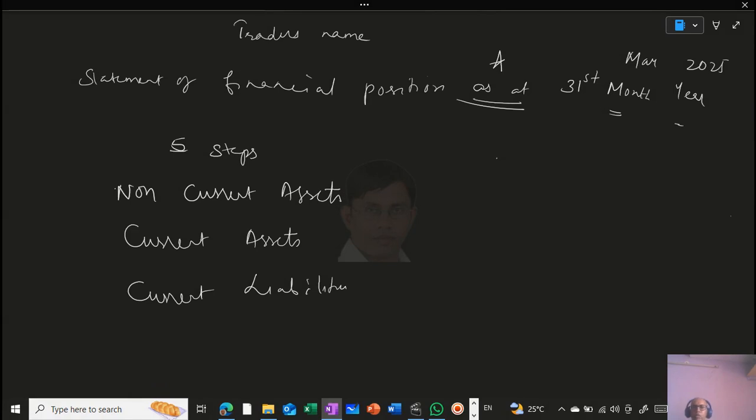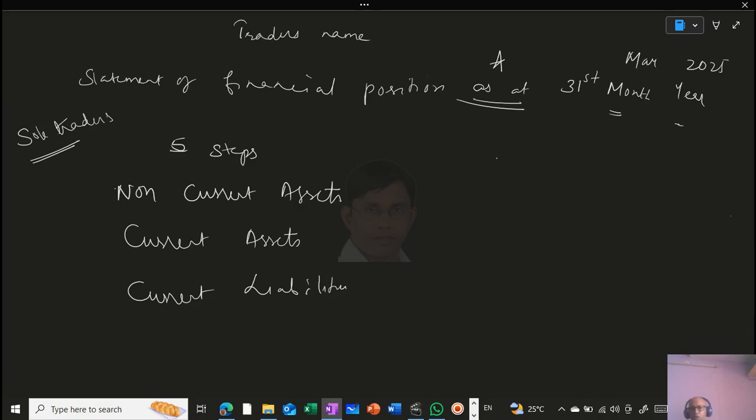Remember this rule is applicable only for sole traders. The format is different for companies. So, in case of sole traders, you are supposed to follow this format.